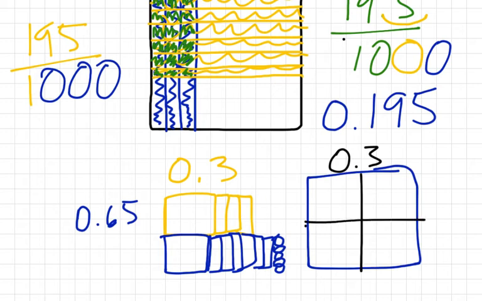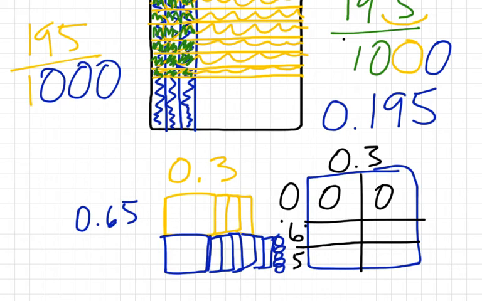And then we have 6/10, 0 wholes, and 5 thousandths. And then we can just multiply. 0 times 0, 0 times 3, 6/10 times 0, 6/10 times 3/10, which is 18 hundredths, 5 hundredths times 0, and 5 hundredths times 3/10, which is 15 thousandths.